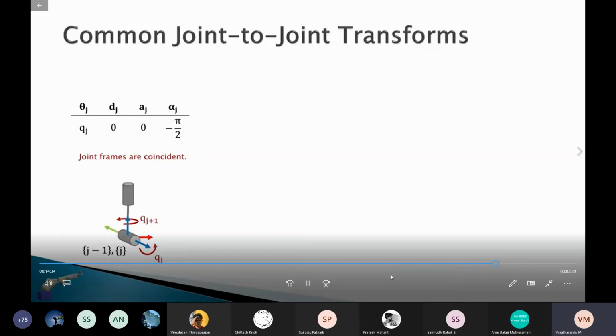And therefore we have a rotation about z by q, no translations at all, and we just do a plus or minus pi on 2 to get the z-axis of j pointing up.